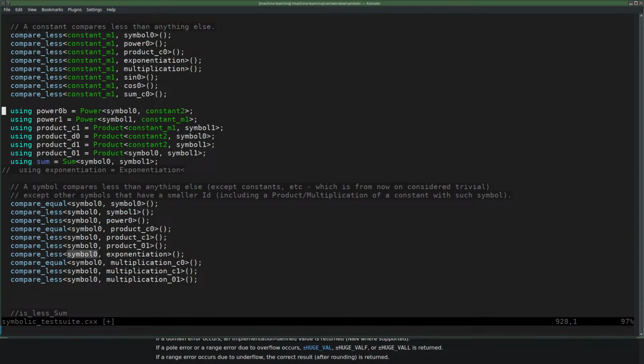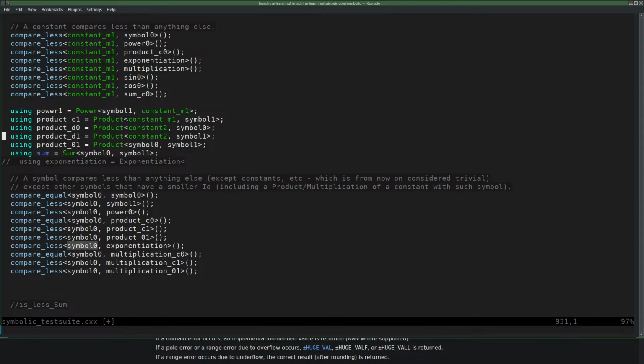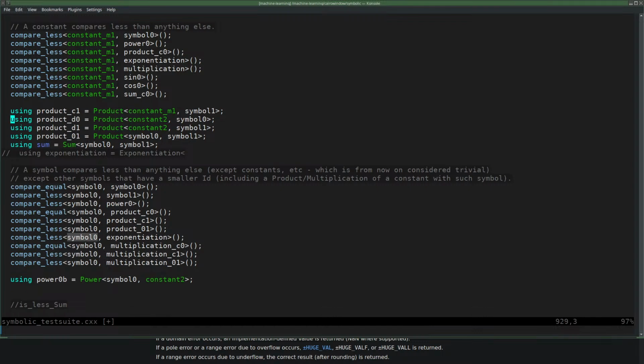Let's see, which am I using? I'm just moving down what I'm not using yet. Symbol 0, we have that. 1, power, we have that. I'm not using power 1. Okay. Product C0 is new. No, we already had product C0 or not.